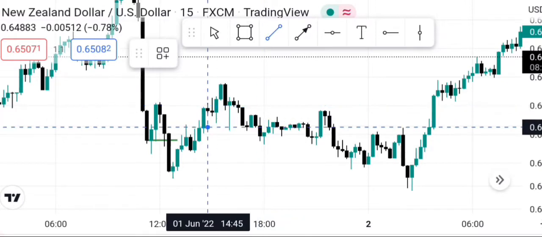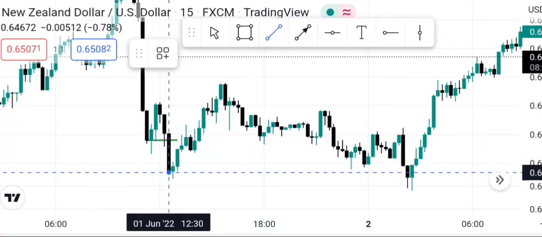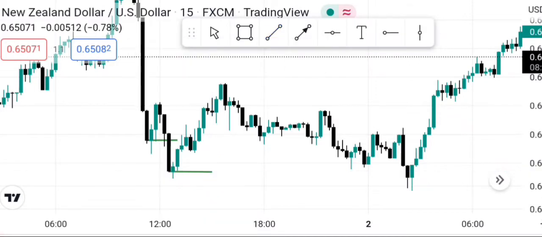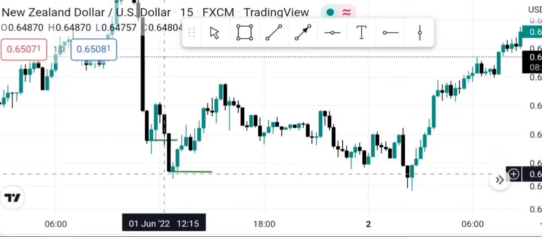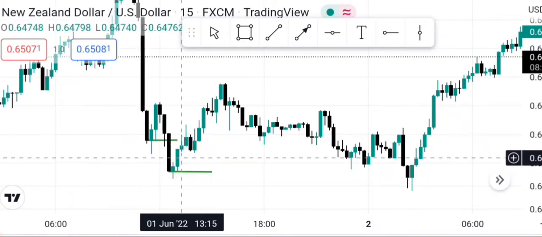Okay, take a look at this low right here. Yeah, this one, it's also a swing low. Look at it right there. You can see that it's followed by two consecutive candles. In fact, they're even up to four.